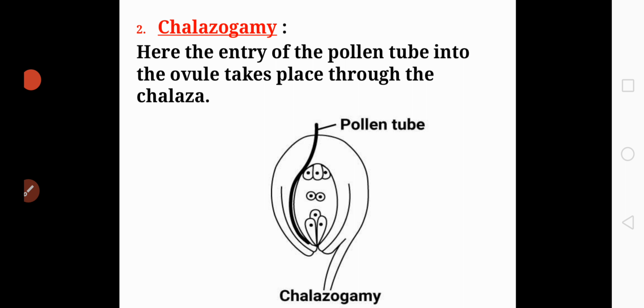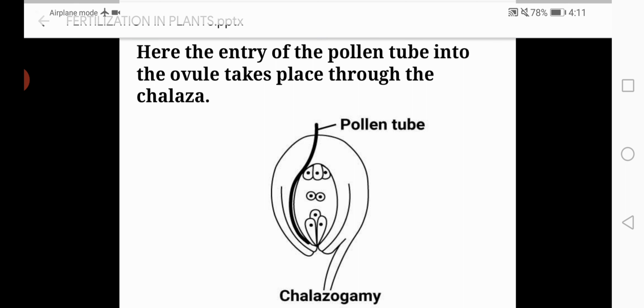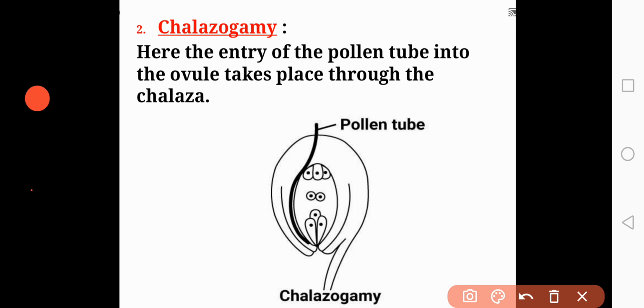The second type is chalazogamy. So if the pollen tube enters the ovule through the chalaza, that means this is the pollen tube, then it is called chalazogamy. So the entry here is through the chalaza, whereas in porogamy, if it is the ovule, what happens?